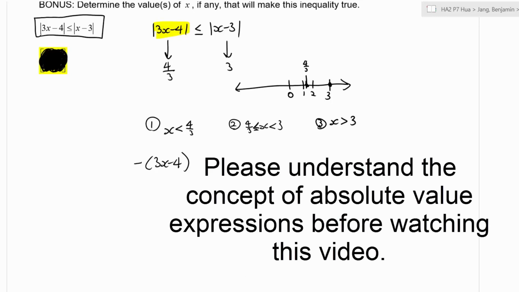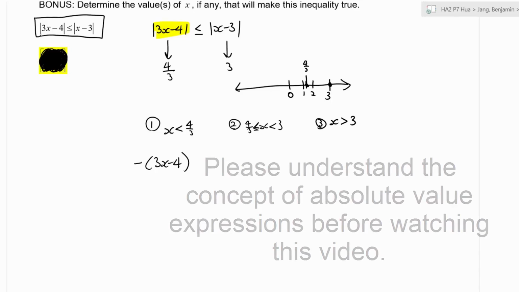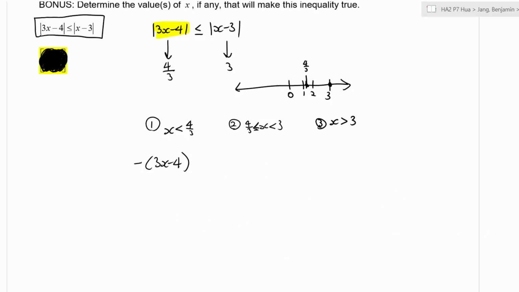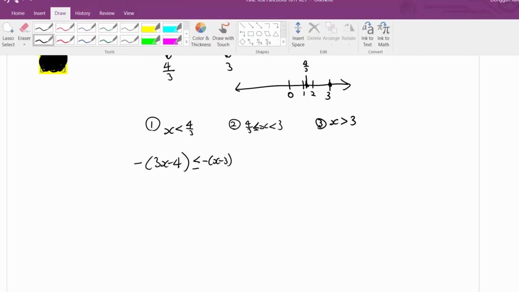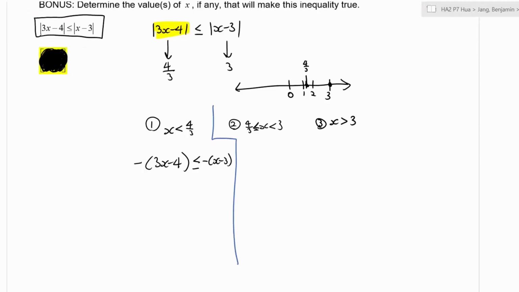Now, for those who haven't learned about the absolute value equations, please refer back to that lesson. Can't really explain the concept right now. If x is less than 4 over 3, then of course this equation will be less than 0. Therefore, the equation would be something like this. And divide both sides by -2, which you get this.